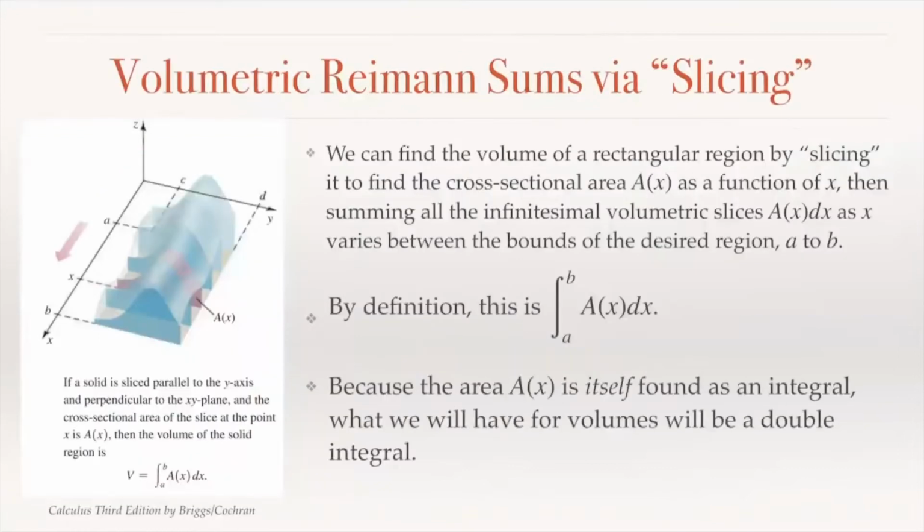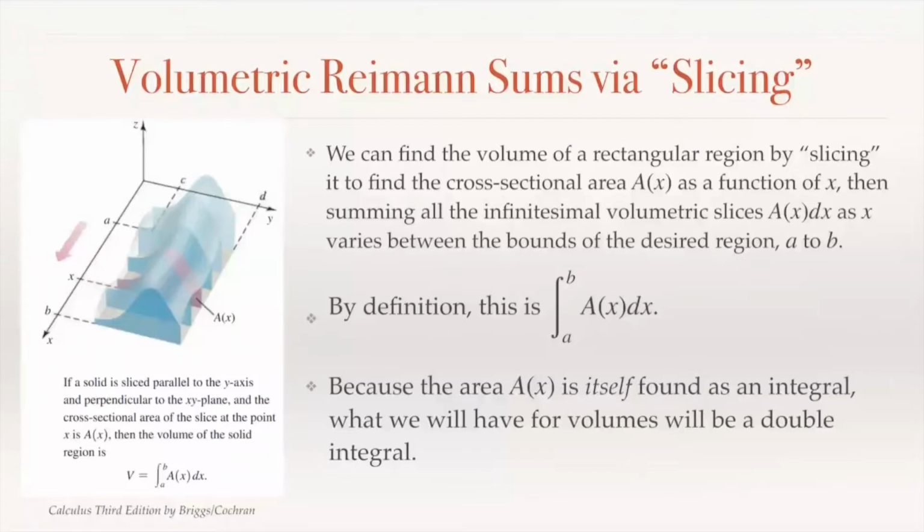And we can find these volumetric Riemann sums, double integrals, via slicing. This is very similar to what you did near the end of Calc 2, when you were evaluating volumes by finding cylindrical slices, for example.